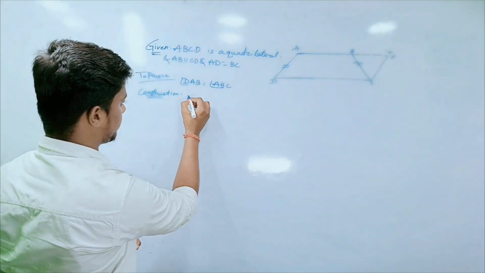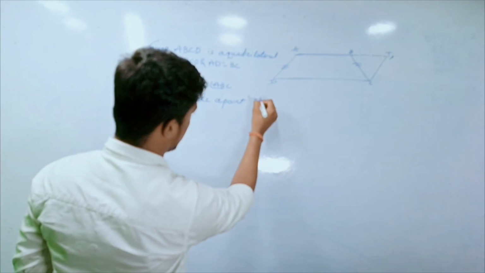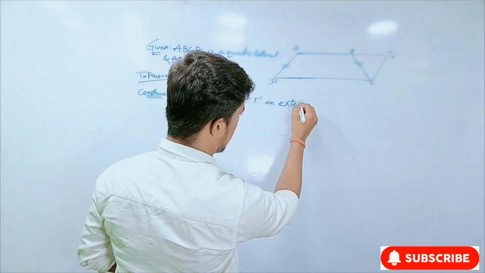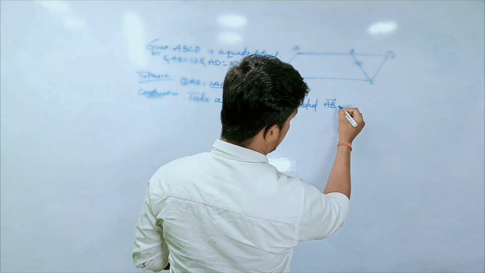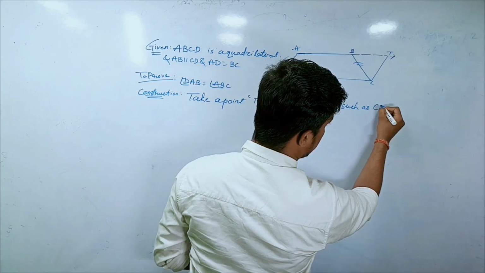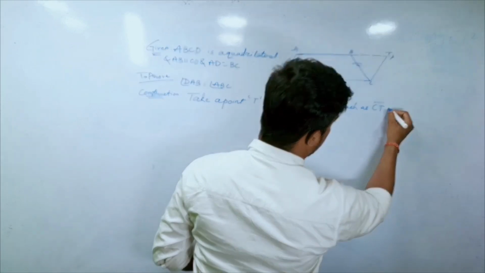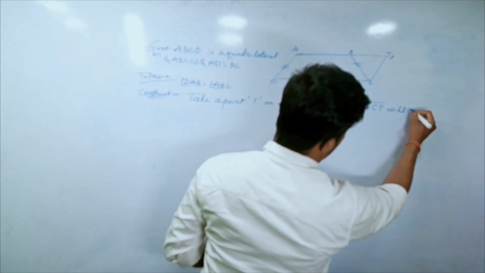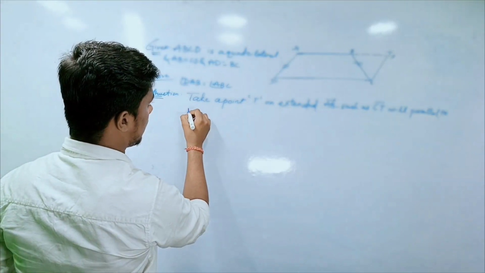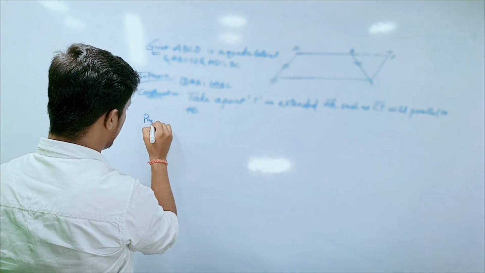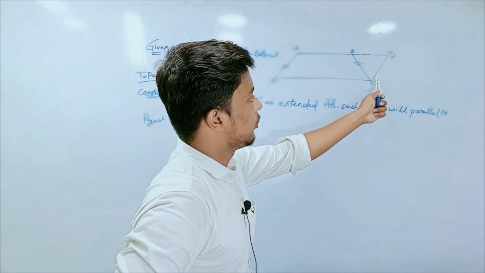So you can write: take a point T on the extended ray AB such that CT is parallel to AD.